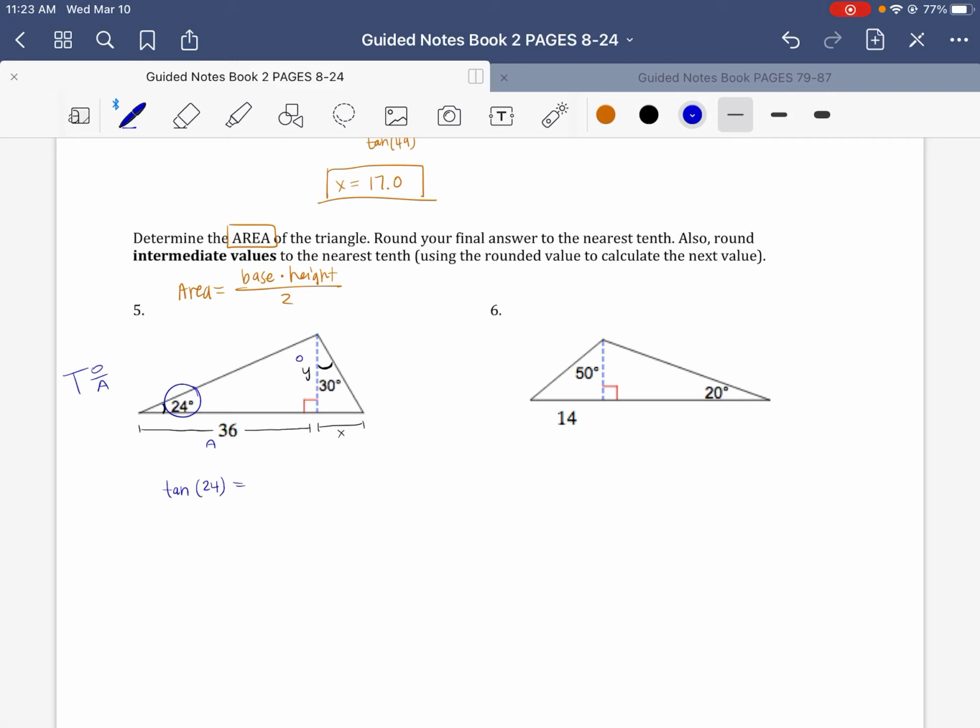It just so happens the ones I'm choosing are tangents, but they don't have to be. Tangent of 24 is going to be y over 36, O over A. So we go ahead and solve by multiplying by 36. So y is equal to, again, 36 times the tangent of 24. And if you do that in your calculator, you should end up with about 16.0.